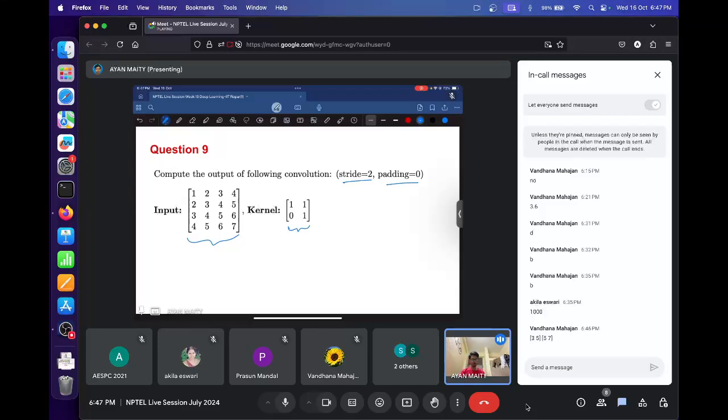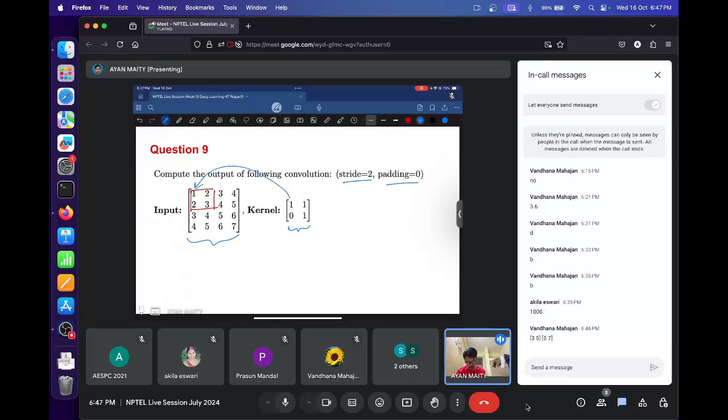The kernel is a 2 by 2 matrix. So first we will see the first 2 by 2 window in the input. This is the first 2 by 2 window in the input, the red box that I have drawn, and we will do pointwise multiplication of this 2 by 2 window with the kernel.